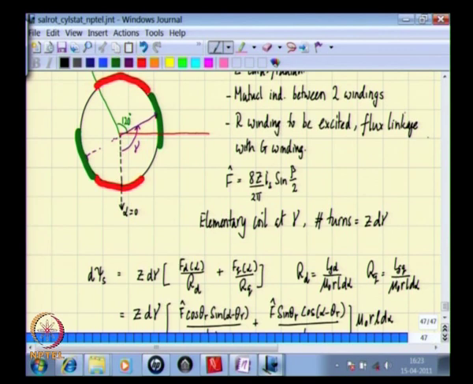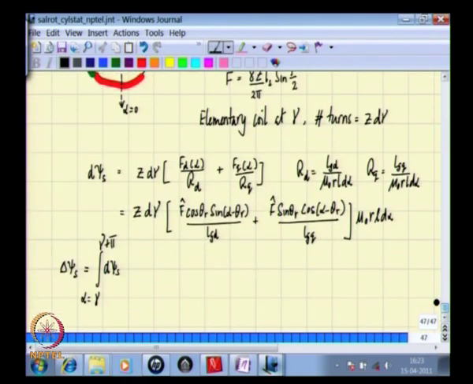When finding out the self inductance of this coil, we had considered integrating along this area, and now when this axis has shifted we need to do the integration there, and therefore this is gamma to gamma plus pi.